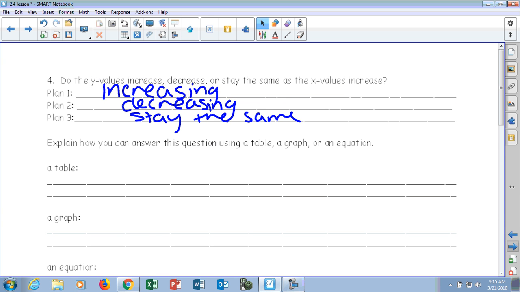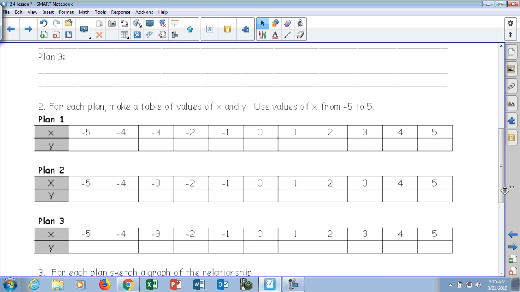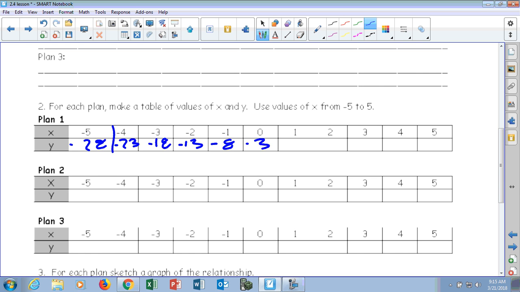Well, let's look at our table that we created on this last page, on our second page. Gavin, how can I see what that's doing?